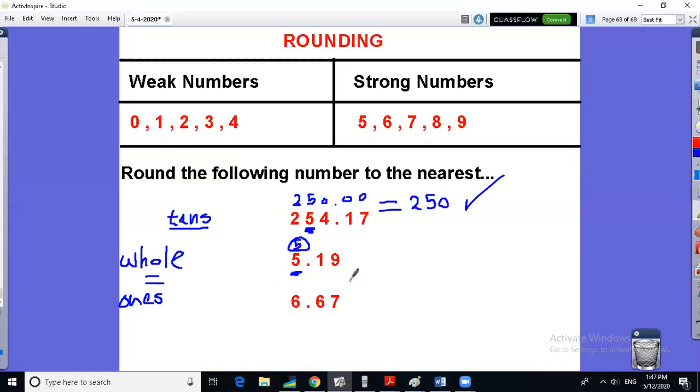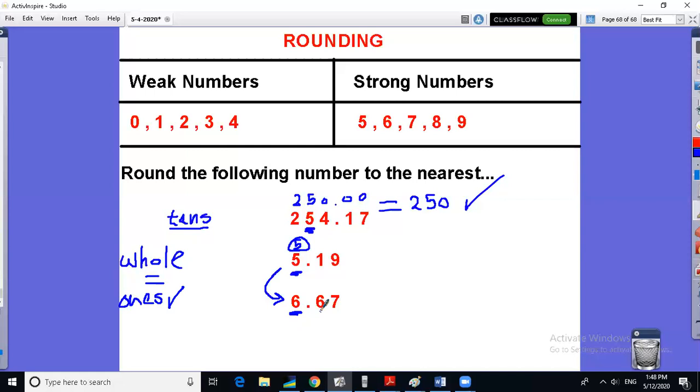Moving on to the last example, 6.67. If I want to round this also to the nearest whole number, now I remember what you said before: whole number means to the nearest ones. Great job. So underline the ones. Look at the digit after the ones.